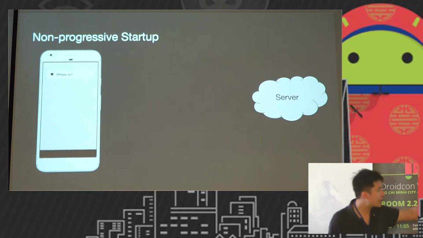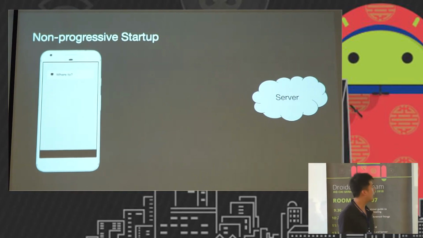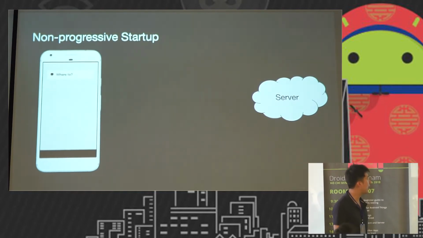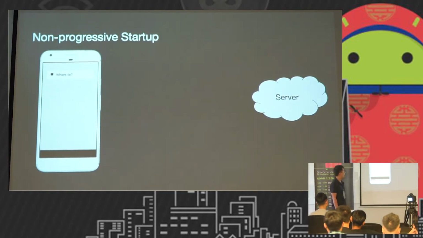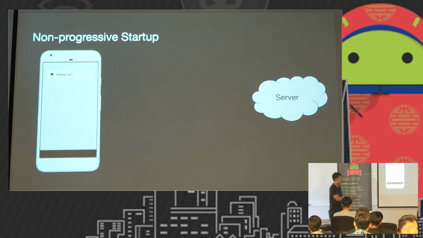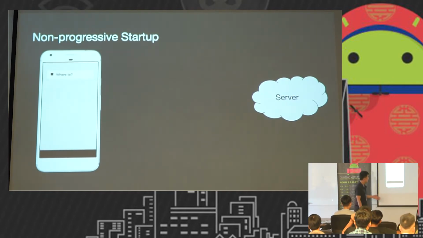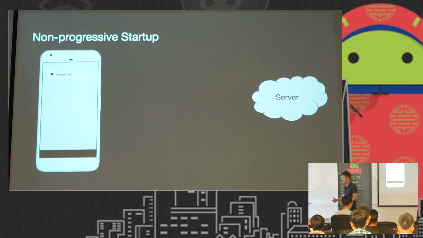Okay, so now we understand that model. Then we can take a look at a particular use case. This is an old model of startup, and we call it non-progressive startup. What happens is when you open the app, the app doesn't have anything. The very first thing is that you make a network call to the server, and the server returns some information.